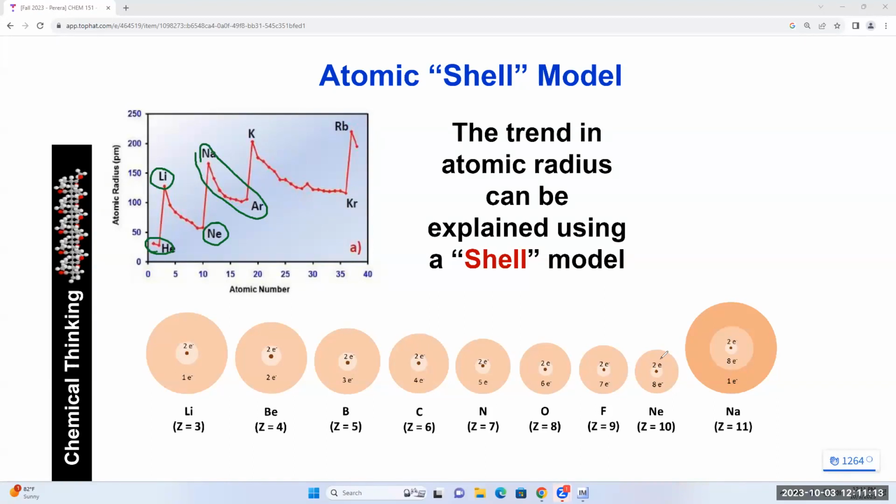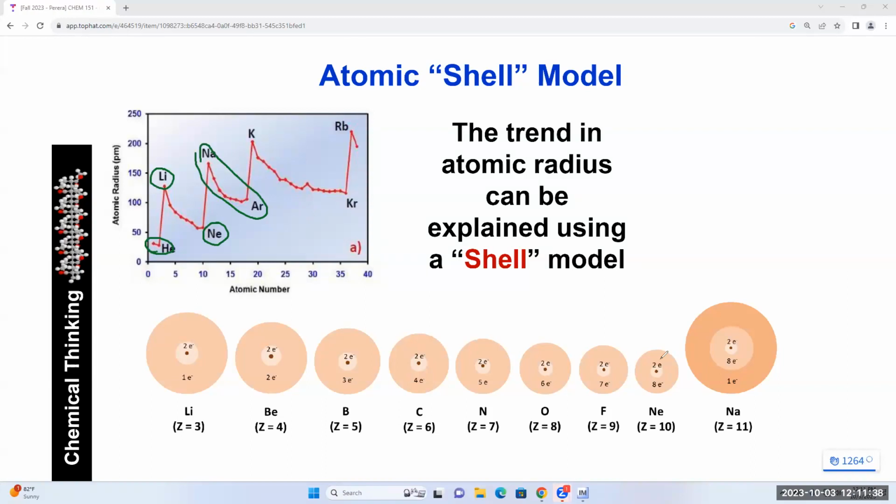One more time. When you go across the period, the number of protons in the nucleus increases. That's the first thing you should write. And the electrons are filled to the same shell because each period is one shell.